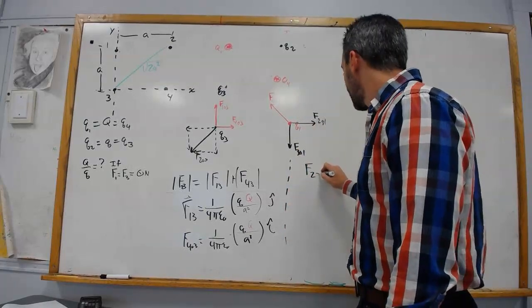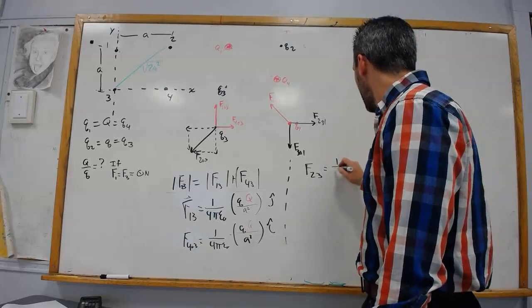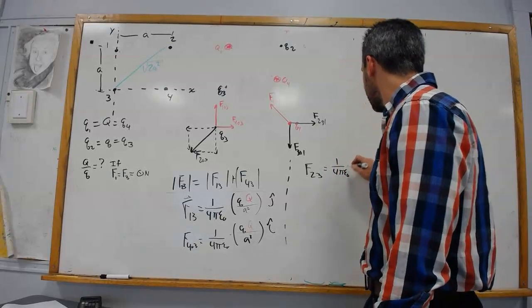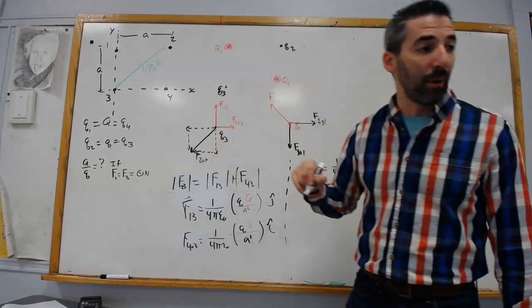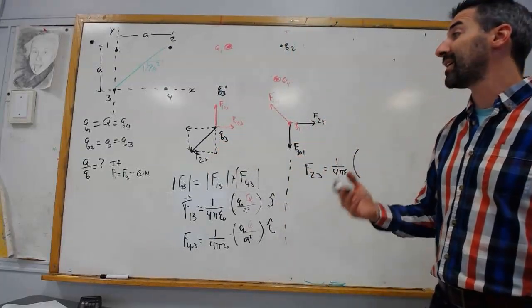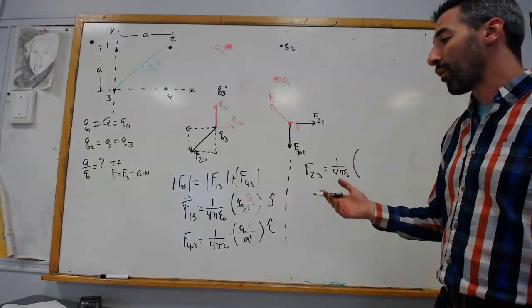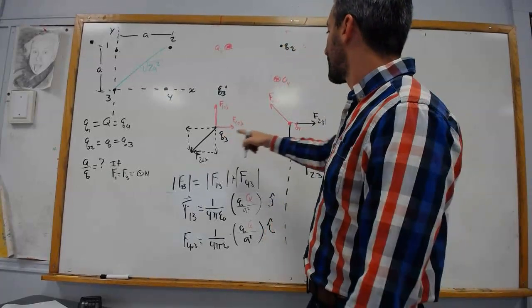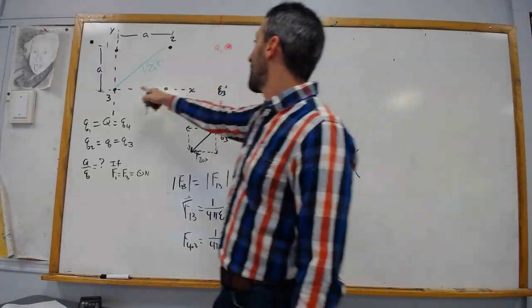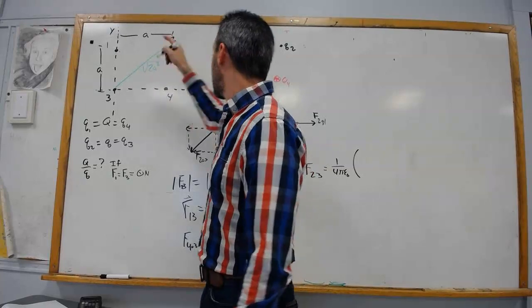So now I'm going to do F23. F23 is going to be 1 over 4 pi epsilon 0 times, I've got an i hat and a j hat component, or a sine and a cosine of 45 degrees. I know F23 is because of the same charge.